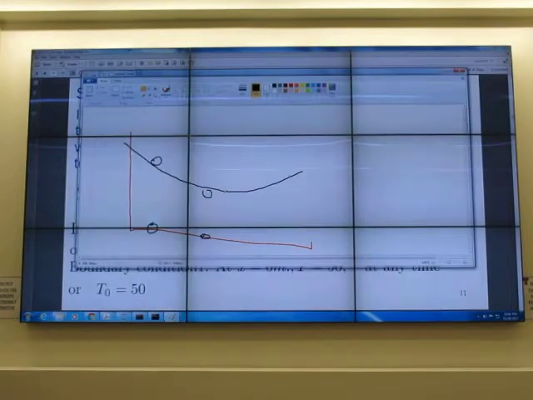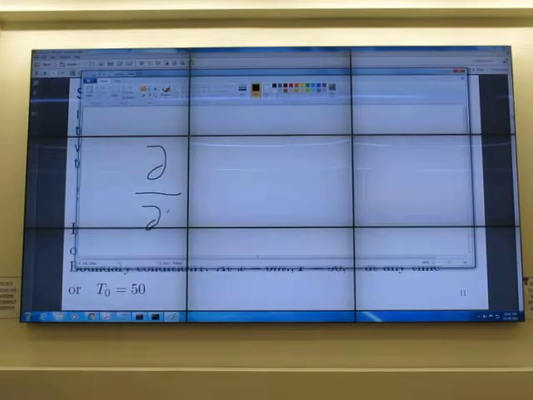If alpha is not constant, you actually get d by dx of alpha dT by dx. Okay? This is for the case of non-uniform material property. But it's okay.